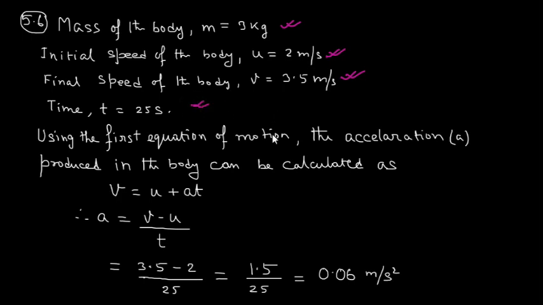Using the first equation of motion, the acceleration a produced in the body can be calculated as v is equal to u plus at. So a is equal to v minus u upon t. Put the value of v and u. So 3.5 minus 2 upon 25, which is equal to 1.5 upon 25, which is equal to 0.06 meter per second square.